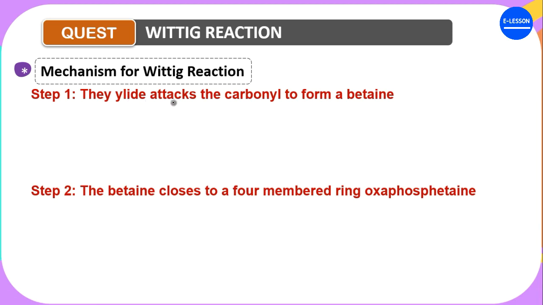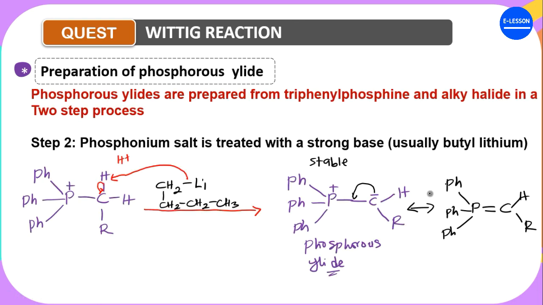Now you say the ylide attacks the carbonyl to form a betaine. The ylide attacks the carbonyl to form what? A betaine. Now let's take any carbonyl group and then react it with a phosphorus ylide, and then see the product of the reaction. This is the phosphorus ylide right now. I can decide to make it easier by saying that these are phenyl, right?